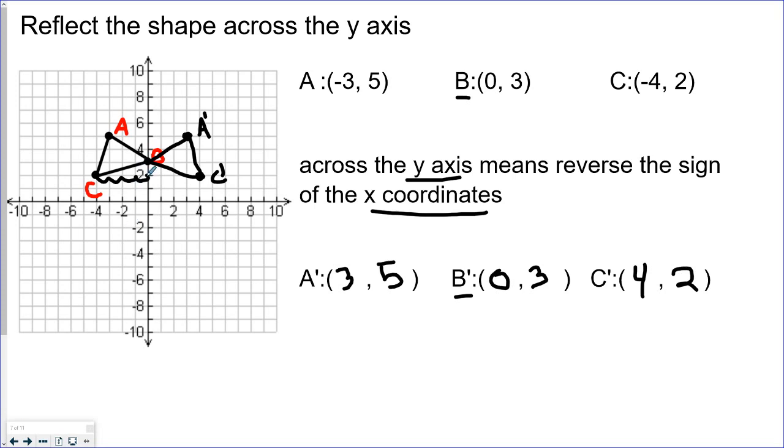So I'm going to jump it 1, 2, 3, 4, and that gets me to where C prime would be. Same thing for A. A is 3 jumps away, so I do 3 jumps more, and that gets me where A prime is. And then B is 0 jumps away, so it stays where it's at. So the jumping method is another method you can do if you have a graph. If you don't have a graph, it doesn't help you, but if you have a graph, that's one thing you could do.